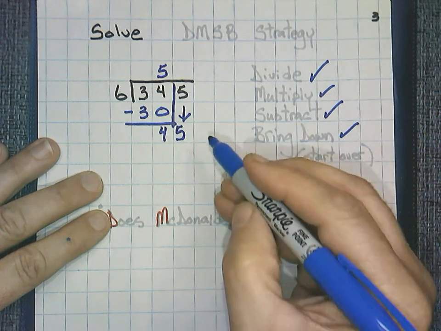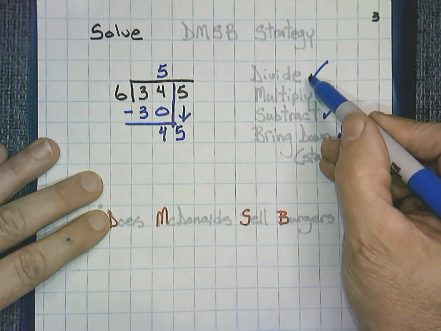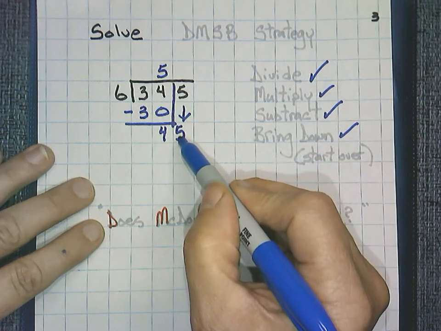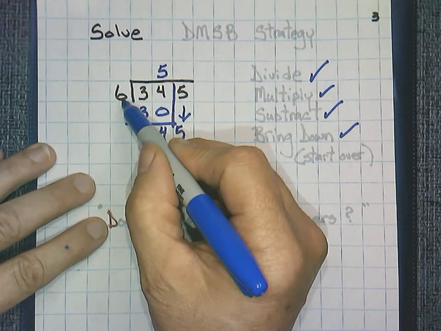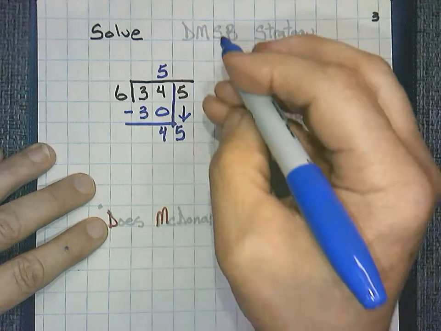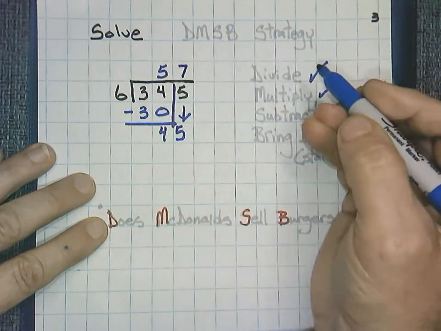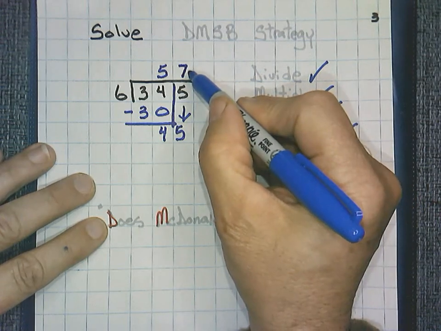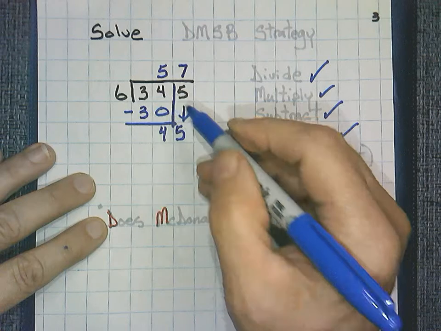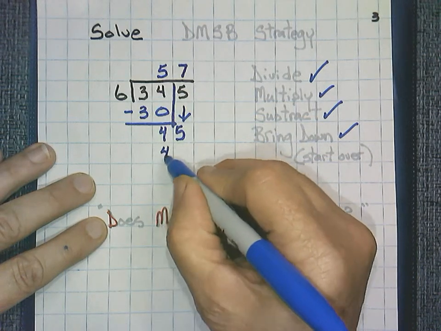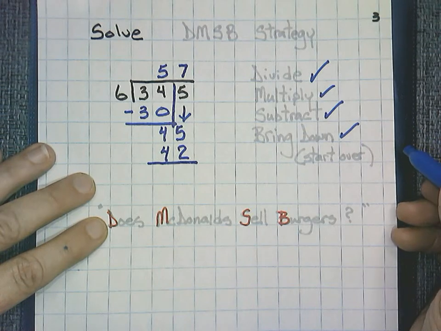In other words, now that we have 45, we're going to start with our divide step again. 45 divided by 6. Well, the best that I can do is 7. 7 times 6, this is our multiply step. 7 times 6 is 42.